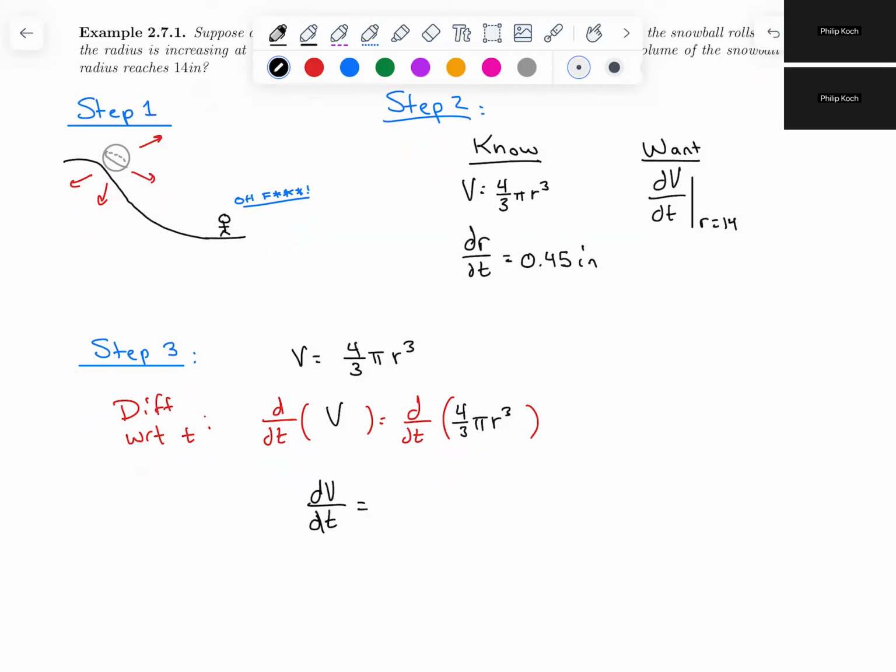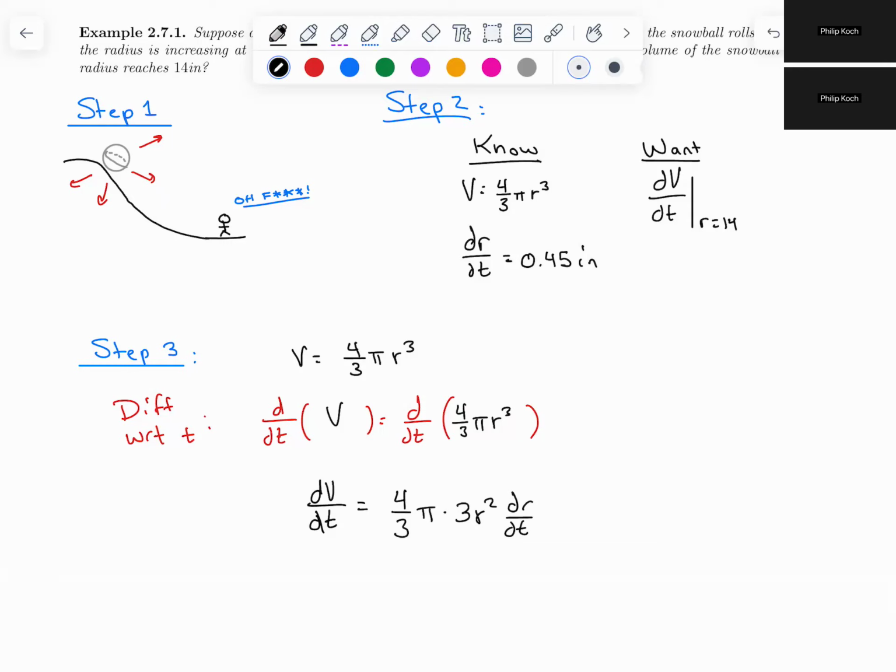The right-hand side will be 4/3 times pi times 3r squared dr/dt. Take a second to try and figure out why you think that would be. You might see it off the bat, and if you do, excellent, kudos to you.